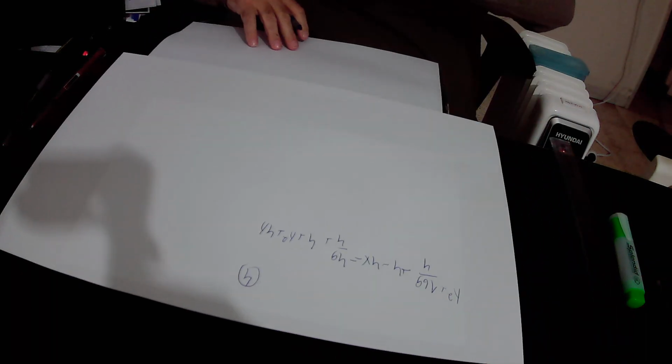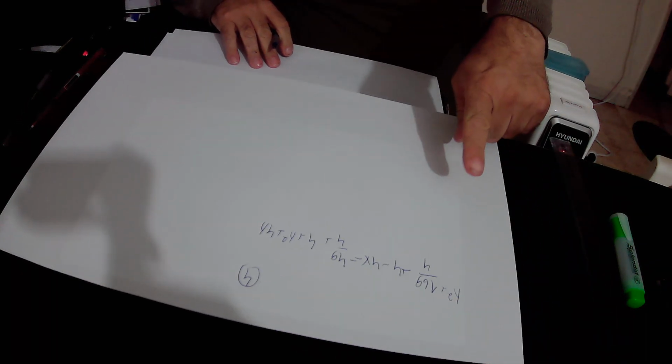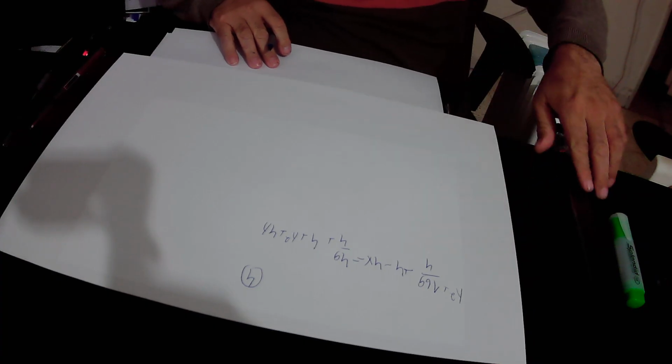So this is the equation that we got after substituting x squared by h squared plus 169 over 4.